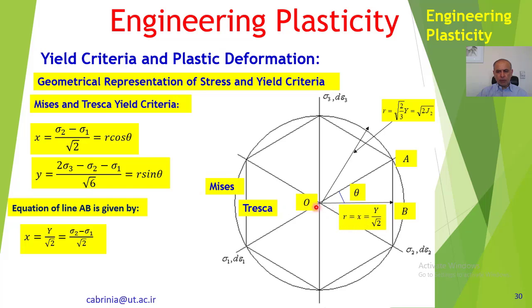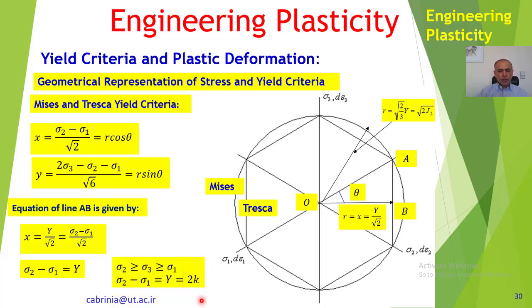That's r equal to x, in the x direction. And we had x equal to sigma 2 minus sigma 1 over root 2. So from here, obviously, sigma 2 minus sigma 1 is equal to y, because we have root 2 here and there and they cancel out.